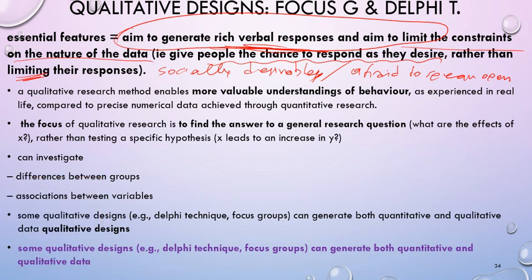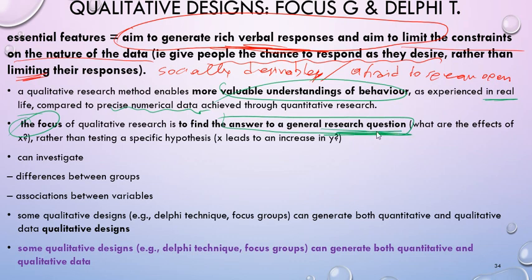The qualitative research method is very valuable because it allows humans to understand behavior in real life situations, not precise numbers that really may be biased or not true. The focus of the qualitative research is to find the answer to a question, not a hypothesis. They can find, for example, the effects of X behavior.